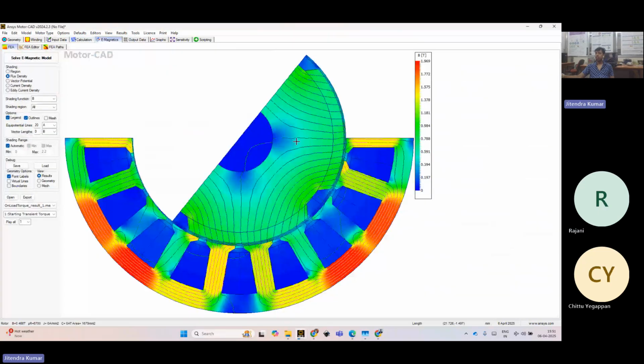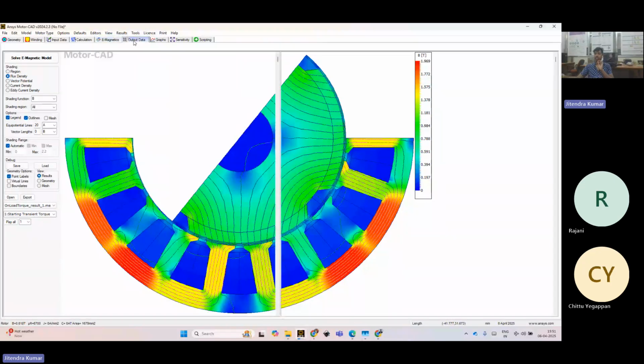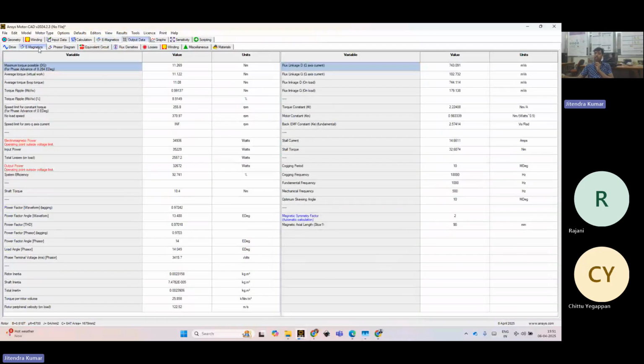So this is a symmetry based on one pole pair. With the symmetric model, we were able to simulate very quickly, and you could see the output shaft torque value is 10.4 Newton meter.